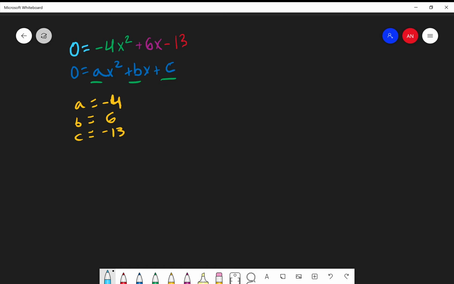So the quadratic formula is negative b plus or minus the square root of b squared minus 4ac. Plus or minus means it can be added or subtracted. This term, b squared minus 4ac, is called the discriminant, or D. When you learn how to derive the quadratic formula, we'll be using the discriminant, so just remember.